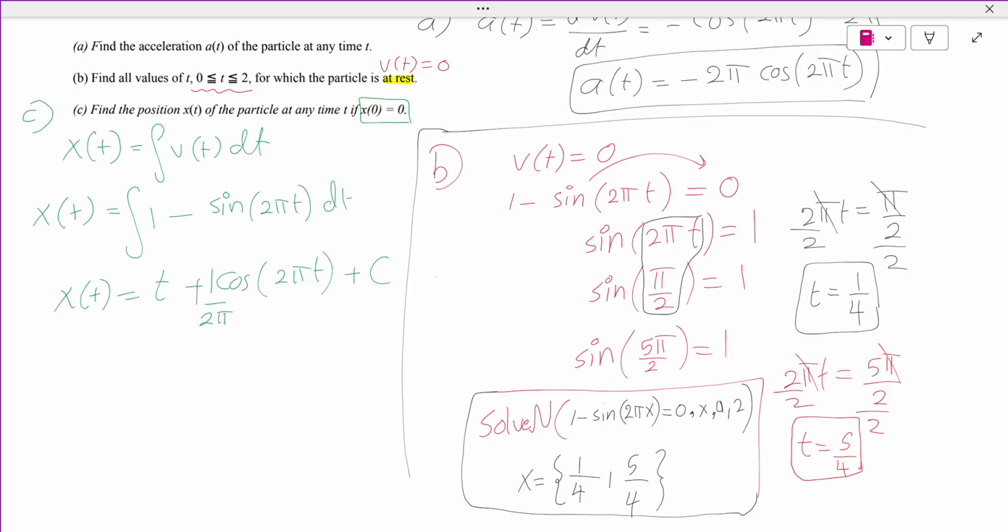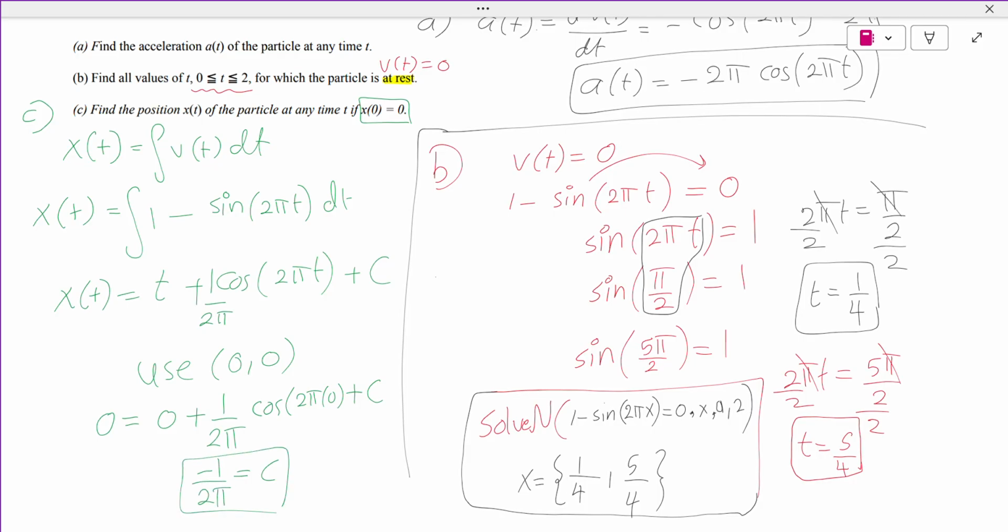Now, I can use the initial condition given in part C. I am replacing, let me write it here, 0 and 0 for t and x. So this is going to be 0 equals 0 plus 1 over 2 pi cos of 2 pi times 0 plus c. So c will equal negative 1 over 2 pi.